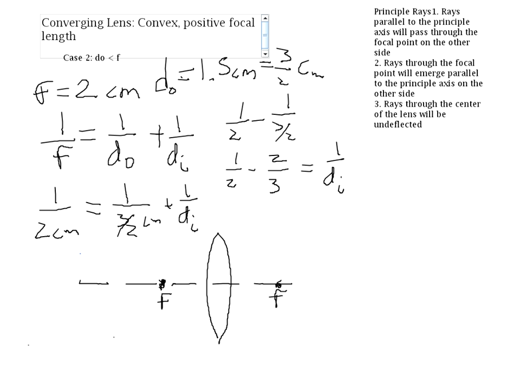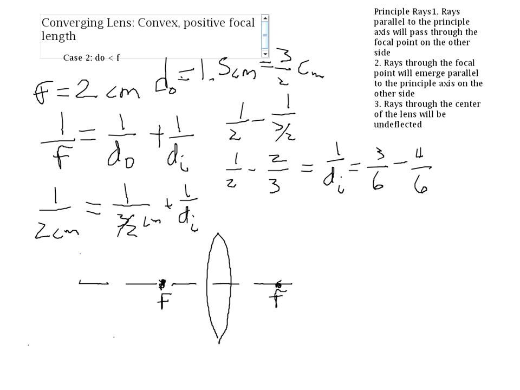We need to find a common denominator. That would be 6. So 1/2 becomes 3/6, and 2/3 becomes 4/6. So we have 3/6 minus 4/6.